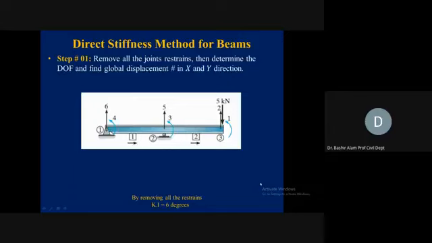So step number 1 is remove all the joint restraints, then determine the degree of freedom and find global displacement in X and Y directions. It will be global displacement in Y and Z directions. Actually, rotation is the Z direction, and this vertical is the Y direction. You see the element connectivity also.